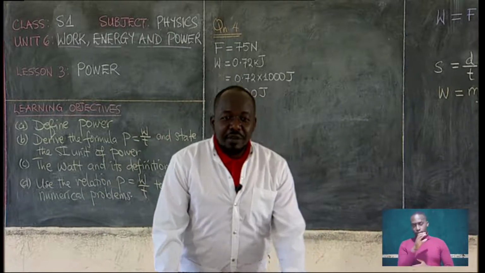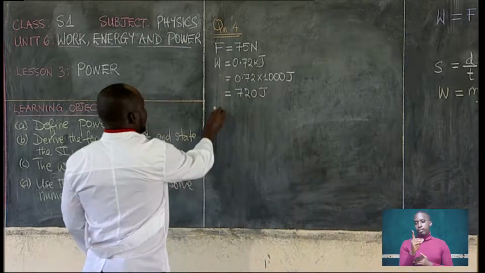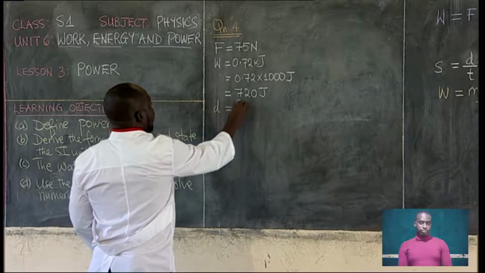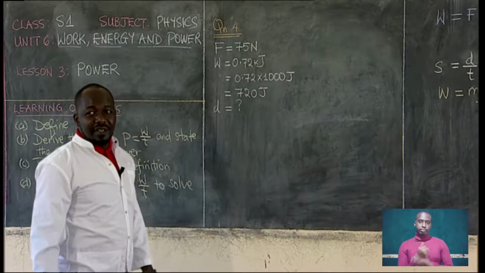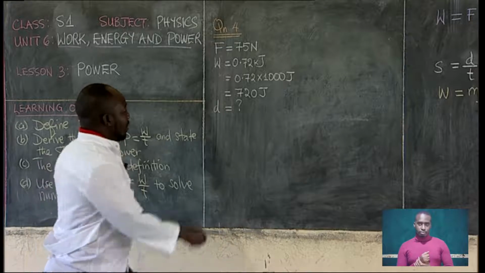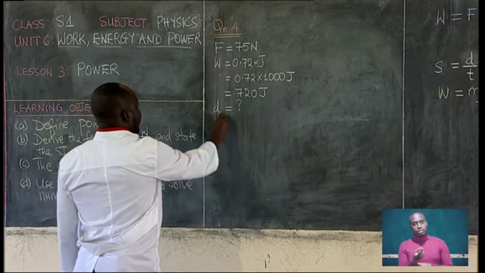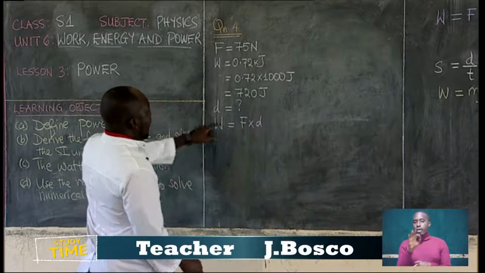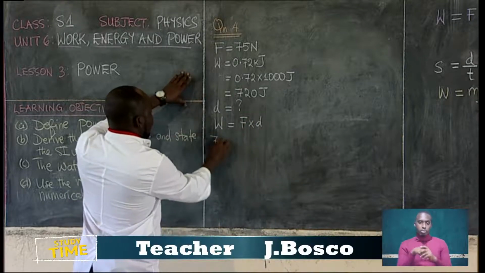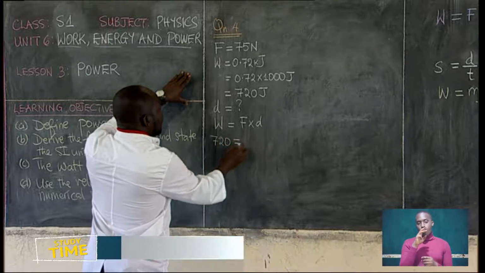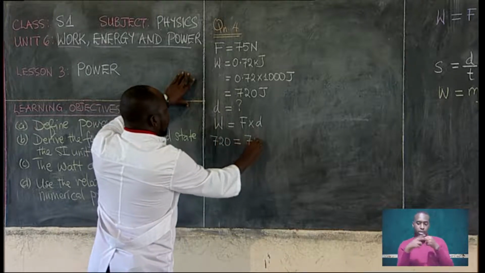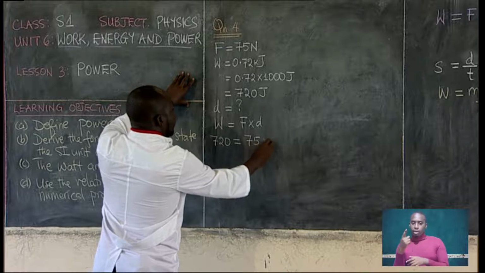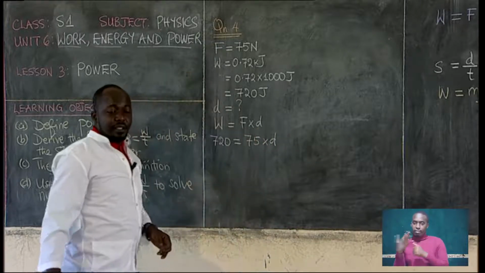Find the distance moved by the body. So what they want is the distance. What is the distance moved by the body? So we shall say, using the formula, work done is force times distance. Then you put your work done, which is 720 joules, is equal to force, which is 75 times D. Okay?